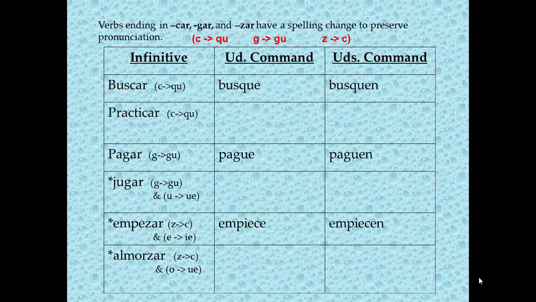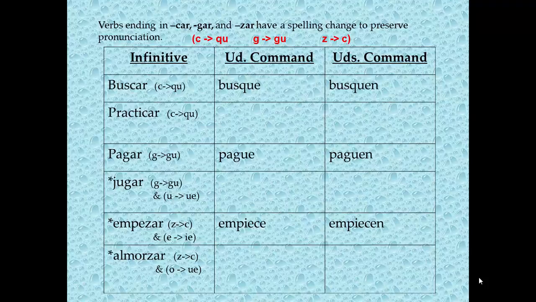So let's look at what we have. So buscar went to busque, y busquen. So normally it would be B-U-S-C-O, but we take the C, we change it to Q-U, and then we add the E, and busquen. Pagar would be pago, but it's a G, so we got to add a U in there, take off the O. Pague, paguen.